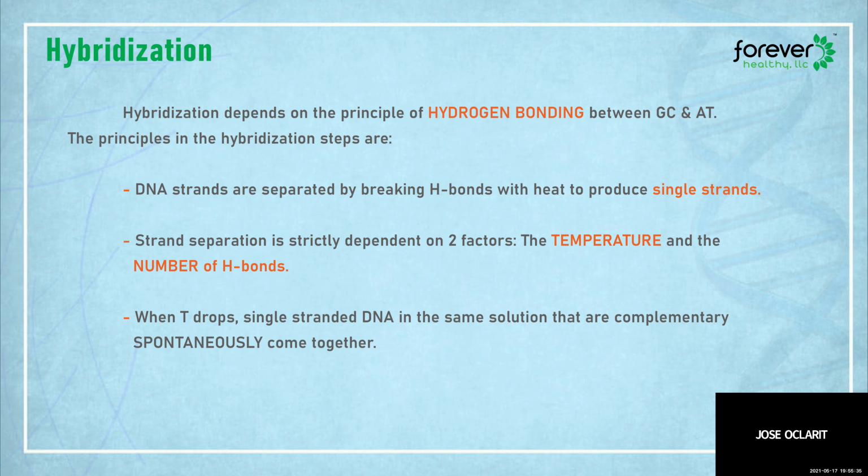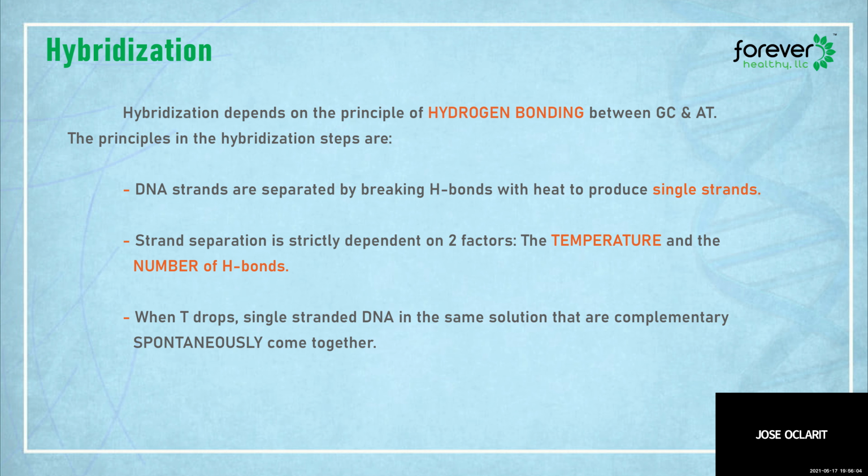So hybridization is actually the principle behind the identification of the DNA fragments. The principles in hybridization steps are: the DNA strands are separated by breaking the hydrogen bonds, and then it produces a single strand, and then you attach it to a cellulose paper, and then you use what you call a probe.